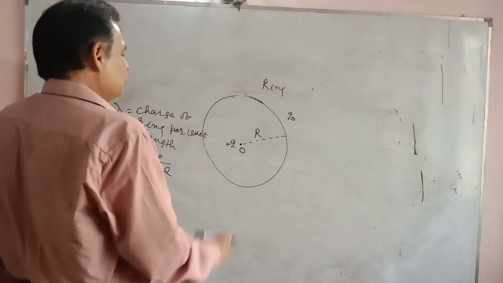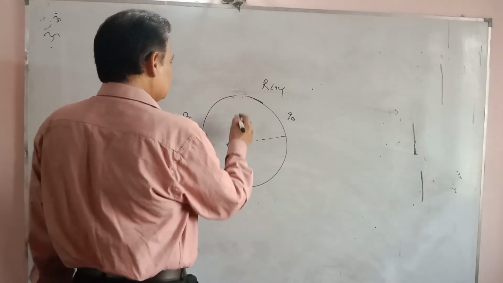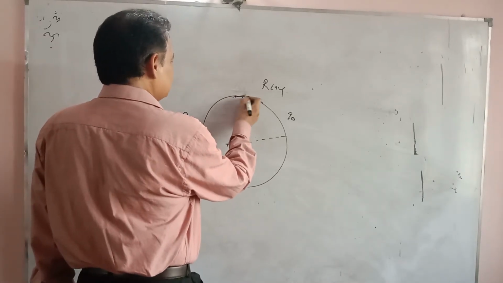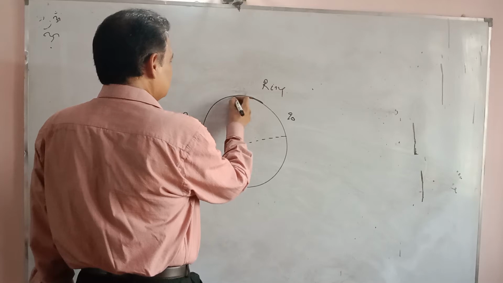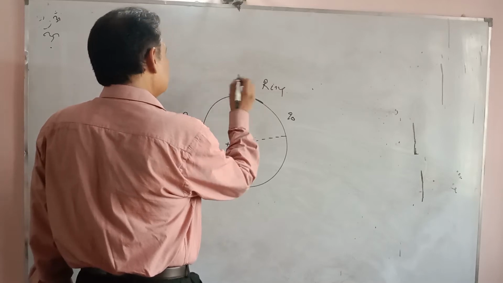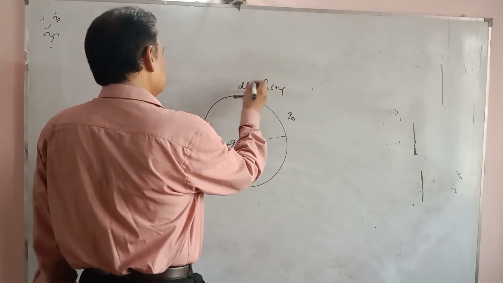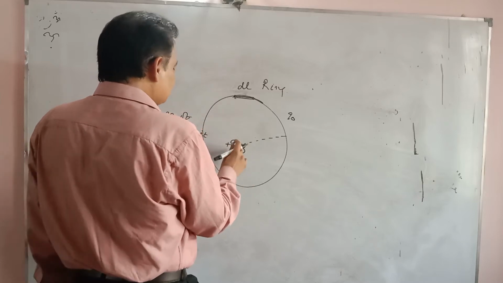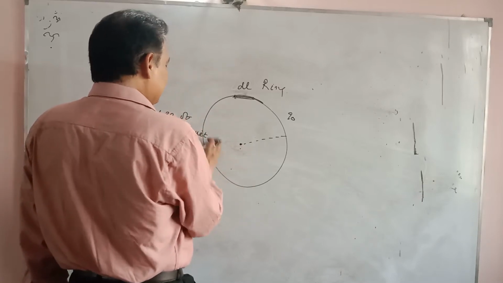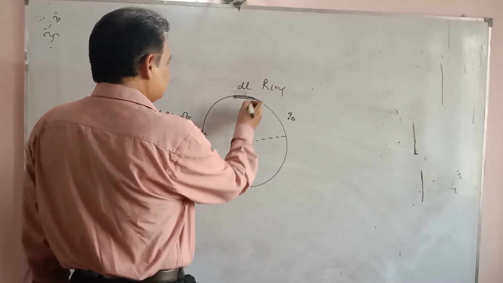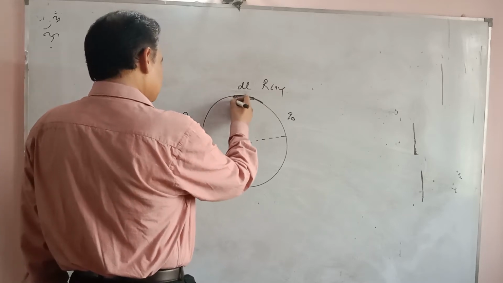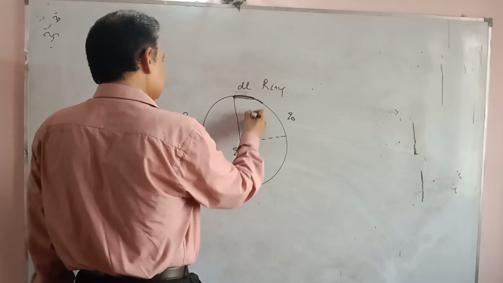We are assuming here a very small length of this one. I am making it thick. That is dl. Now that's very small, but for clarity in the figure, I am taking something large. Suppose this one. These are two ends. This is dl.